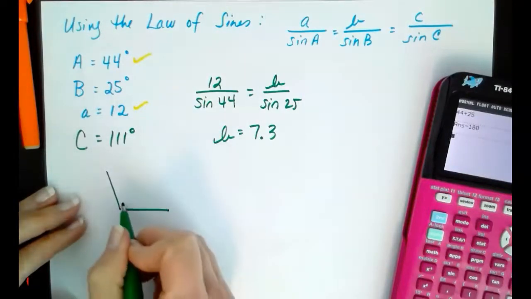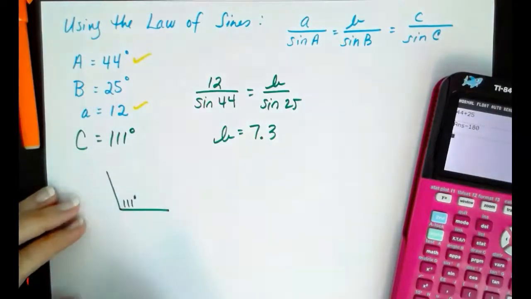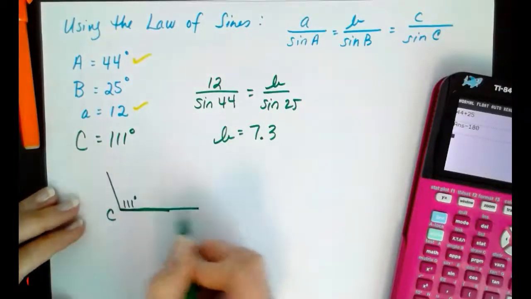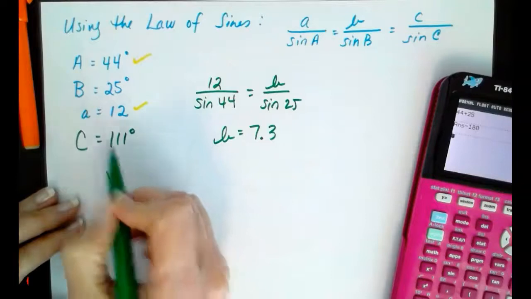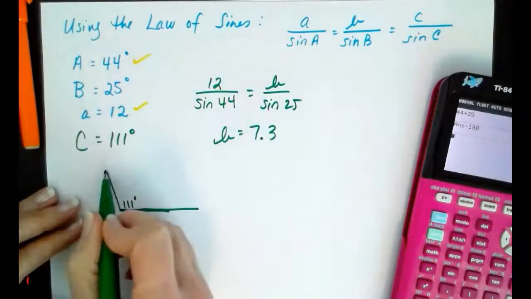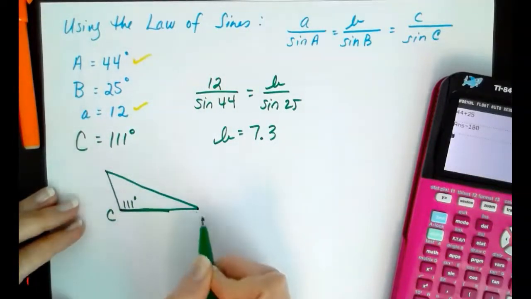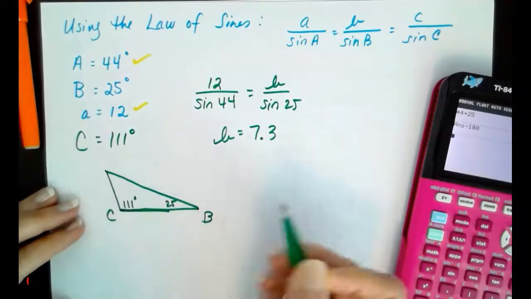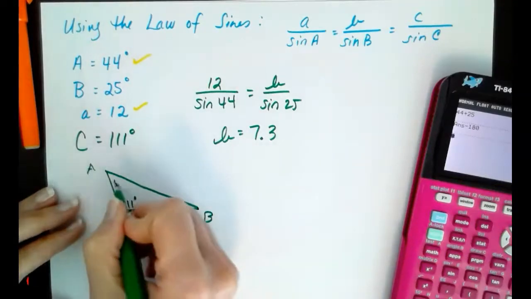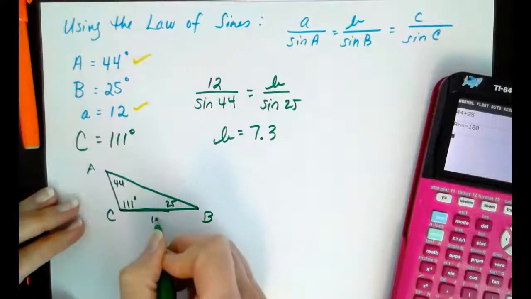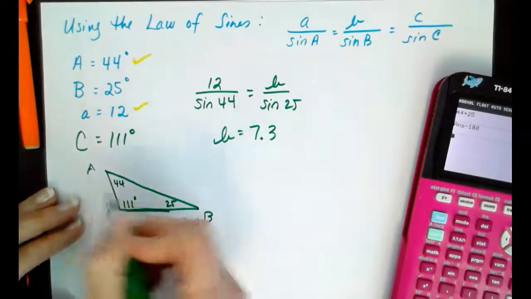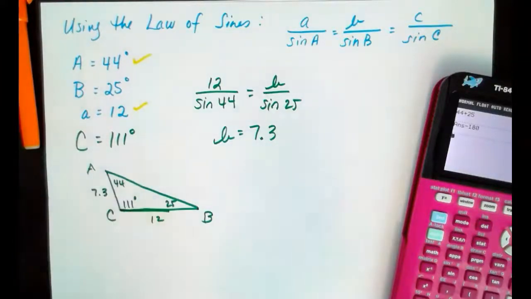We'll let 111 be right down there at angle C. And since it says that angle B is pretty small, I just extended that side. There's B at 25. Here's A at 44. Little a is 12. Little b is 7.3.